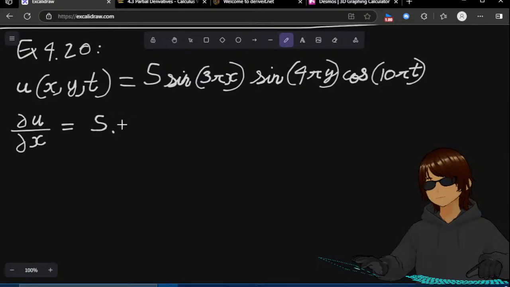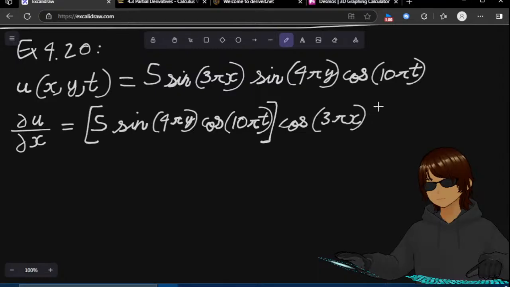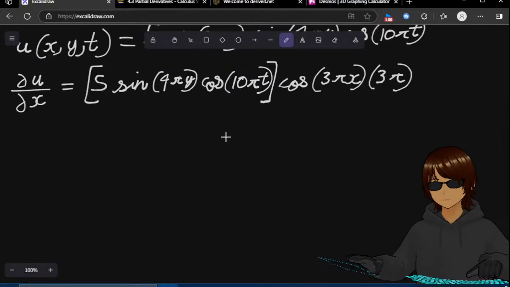So 5, sine will become cos. And then we do it again.